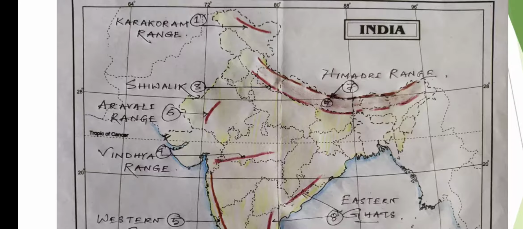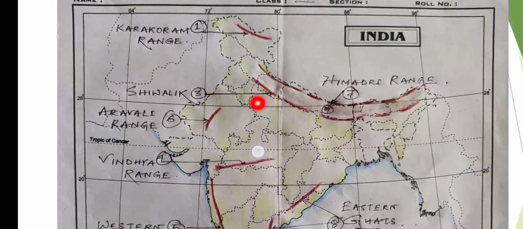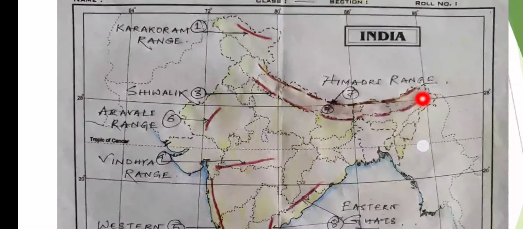The middle one is called the Himachal, and the outer one, the southern part, is called the Shivalik. The Shivalik range forms an arc shape and runs from west to east. I have given number 3 with an arrow, shown the Shivalik range and written it on the map.